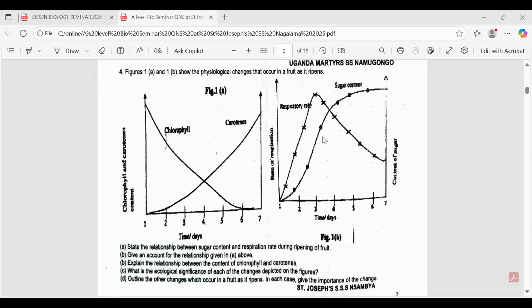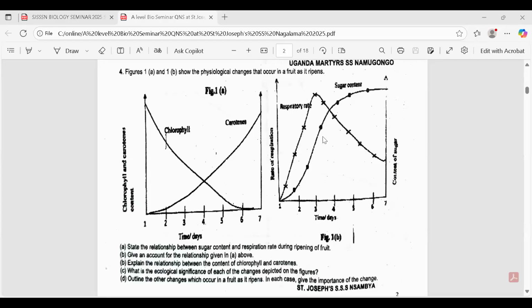Okay? But in some scenarios, they usually just describe. For example, you simply say from 1 to 3, as the respiratory rate increases rapidly to attain a peak, comma, the sugar content increases rapidly. Then they just continue, okay?